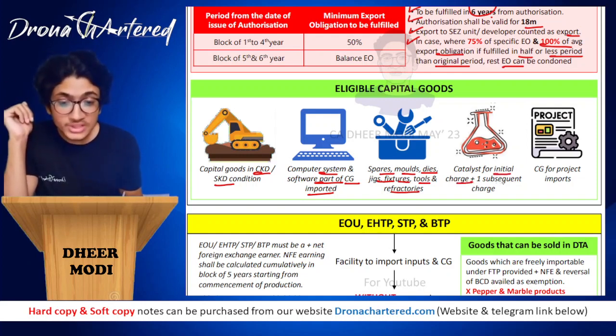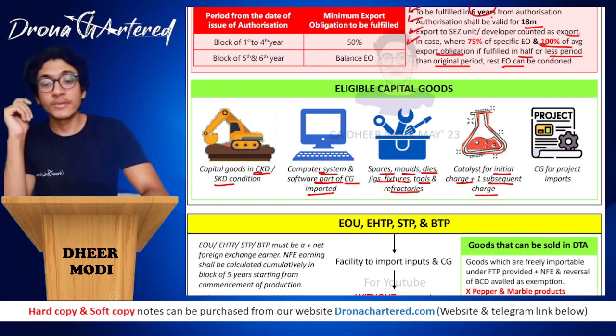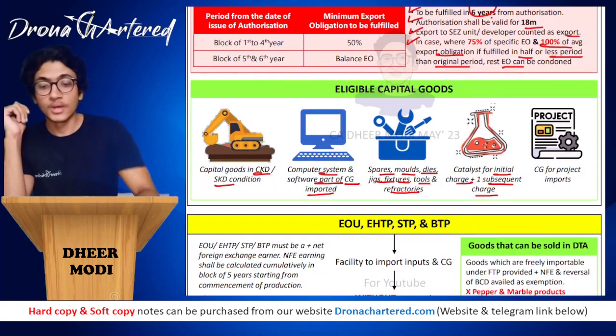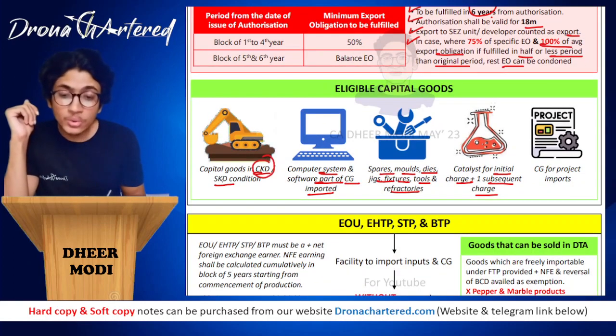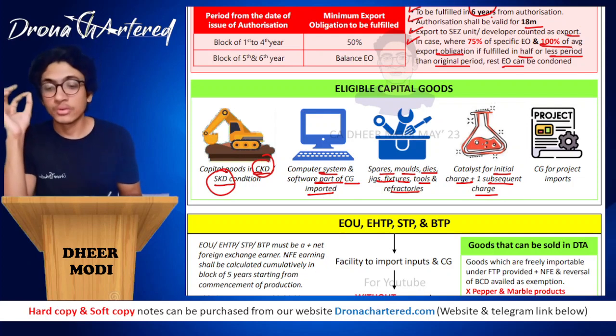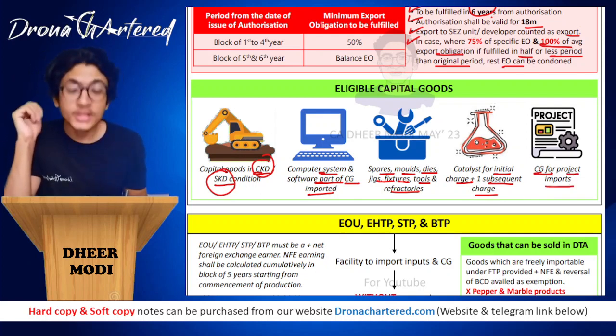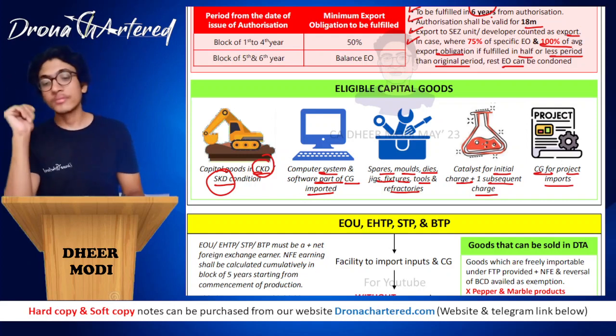Catalyst for initial charge plus one subsequent charge. And capital goods for project imports. All of this will be considered in your eligible capital goods.